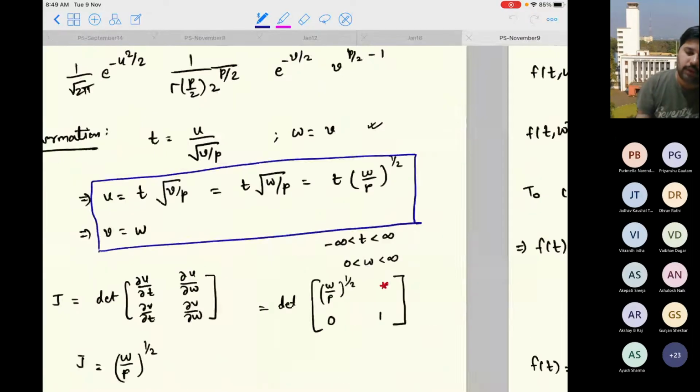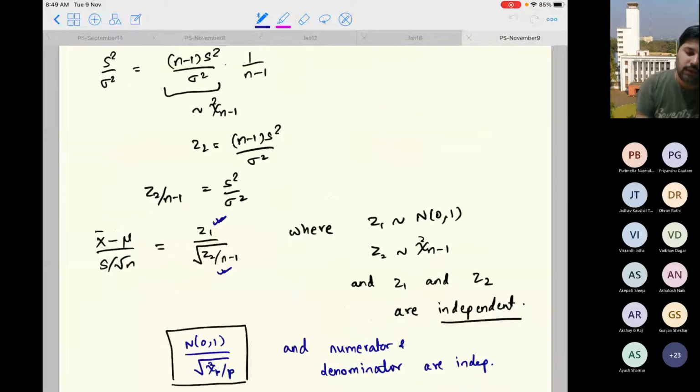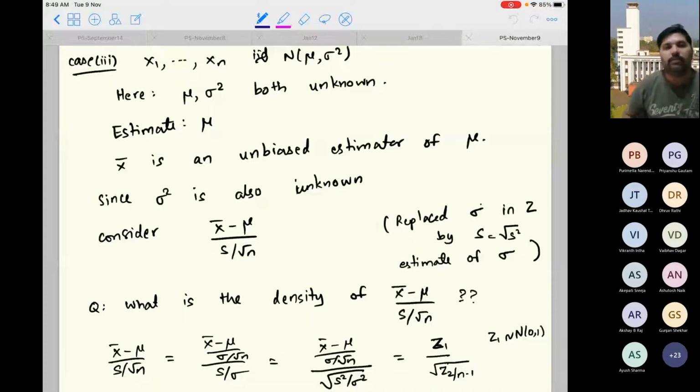In the case where sigma square was known, we considered the random variable x bar minus mu divided by sigma by root n, which followed a normal random variable. Do you remember that, Karthikeyan? Yes, sir.